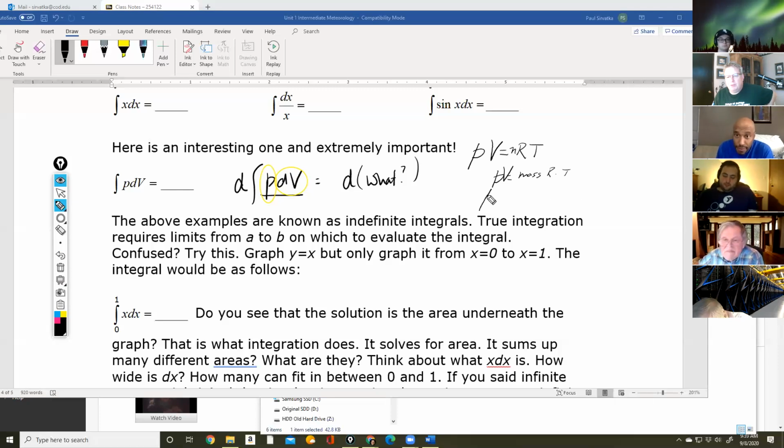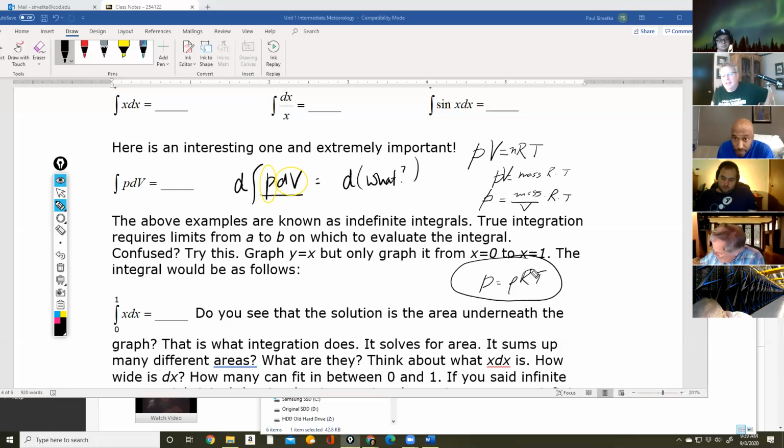Because if I bring volume to the other side, I get mass over volume times RT, which equals pressure equals rho RT, which is how I teach the ideal gas law in my classes. Pressure equals density times R times T. But I want you to think of it this way for now.